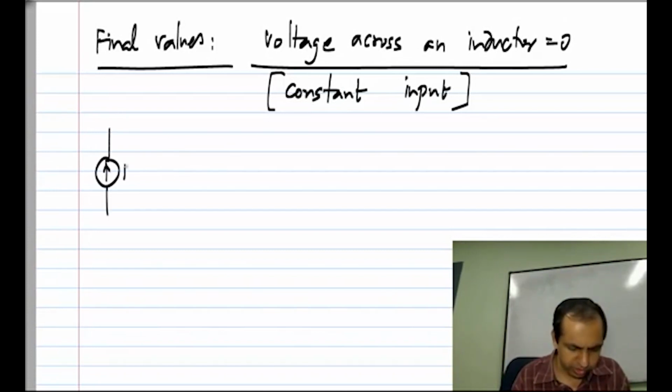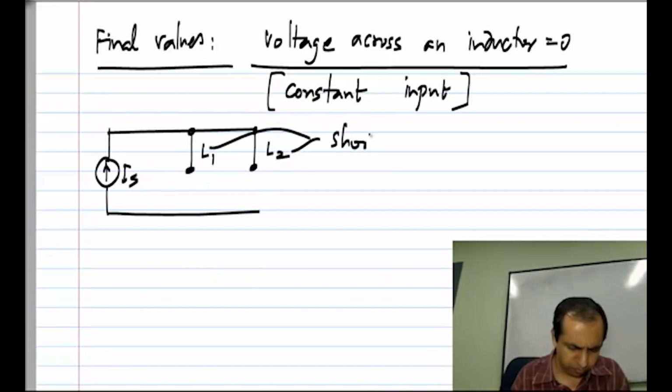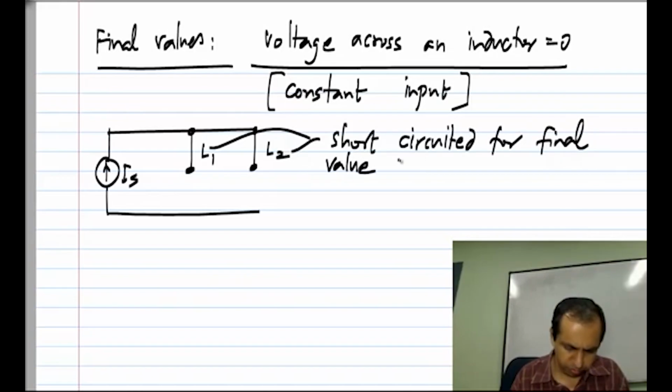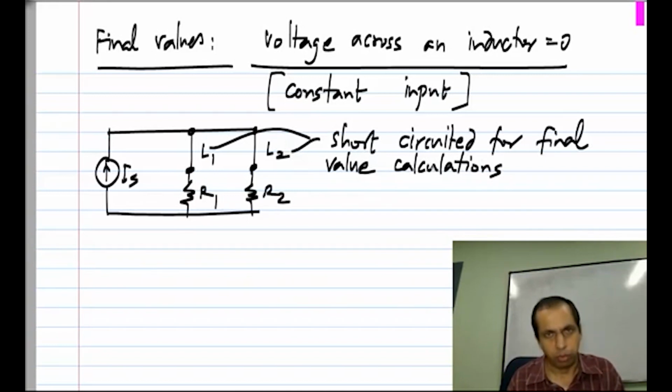So that means that all inductors can be short circuited for the final value calculations when you have constant inputs. So we have IS, and I will short circuit L1 and also short circuit L2. Okay, and we have R1 and R2. So this is a purely resistive circuit.